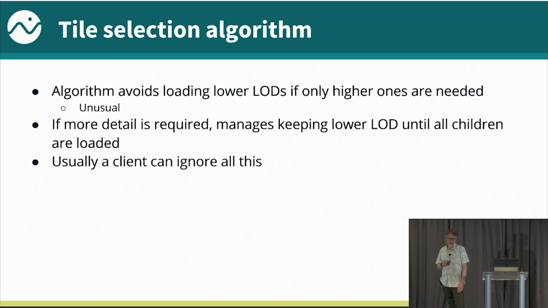And at the same time, as you move around, it uses the tiles that are available until all the children are loaded. But you really don't need to know this for your application. We do provide quite a lot of detail on the algorithm, but your client can ignore this, and this is the whole point of Cesium Native.